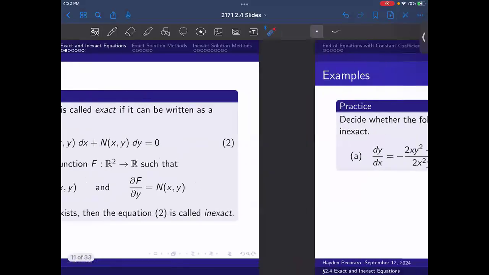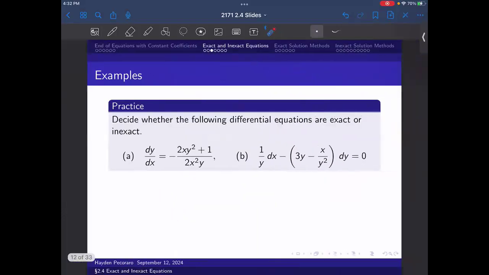All right, so I'll go back to that in a second, but we'll start with some practice. Decide whether these are exact or inexact.